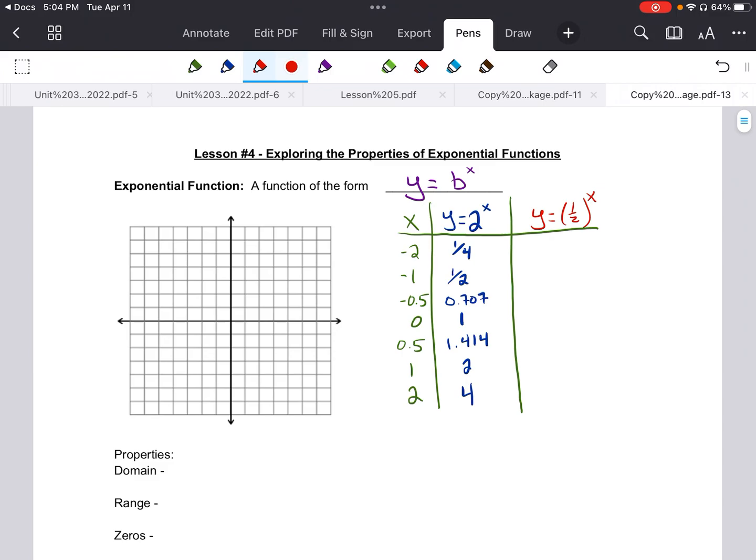Okay, so the half to the power x. Half to the power -2 is 4, right? The reciprocal from the negative changes it into a whole number. Half to the power -1 is 2. Then we have 1.414, 1. So it's exactly the opposite of the 2 to the power x.